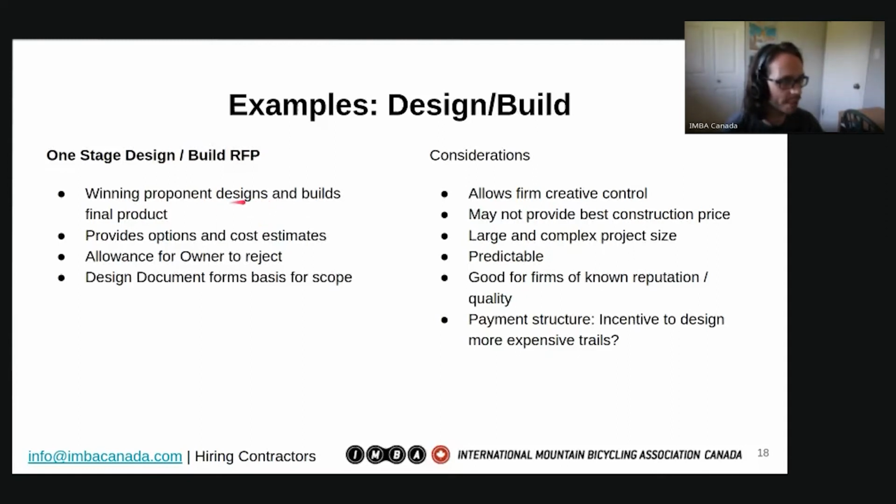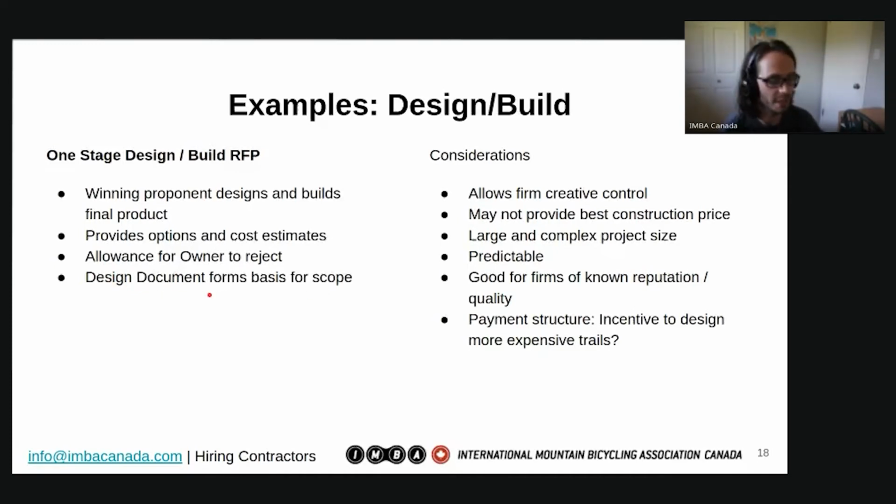They'll look at what is available and existing, and they'll come up with recommendations. Then the contract can include a set of options that the owner can come up with, and the allowance for the owner to reject. So no, we don't want that, but we want these other things. And then that design document, once it's accepted, can form the basis for scope.